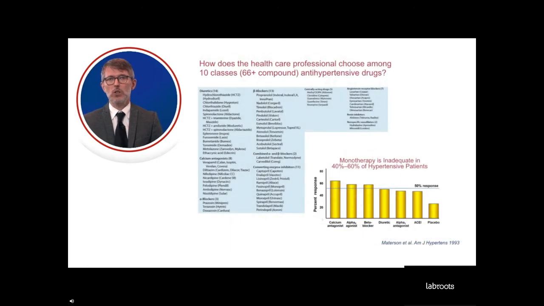In fact, when we get a patient with essential hypertension, we are in a difficult condition to choose among so many anti-hypertensive drugs, and we don't know which is preferable for a single patient. And we know that only around 50% of the patients respond to the first drug that is given to them.